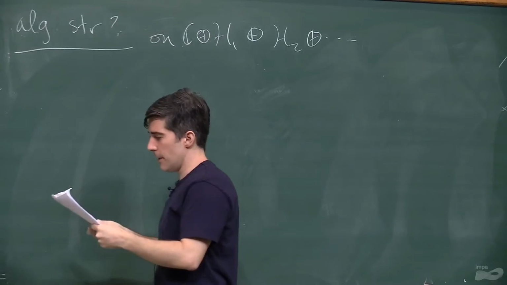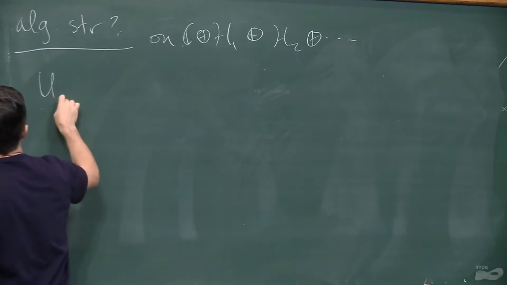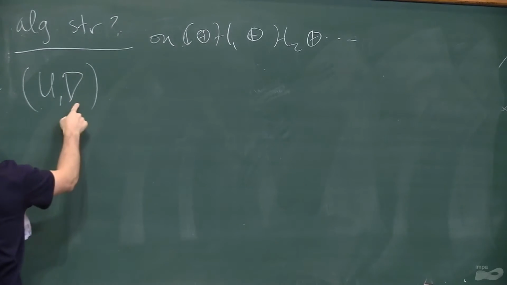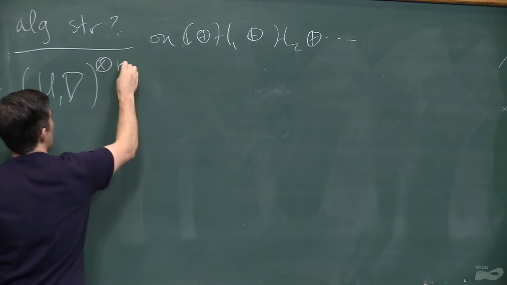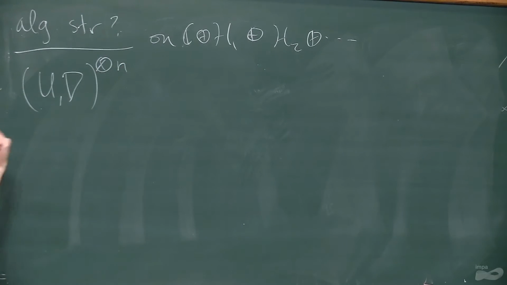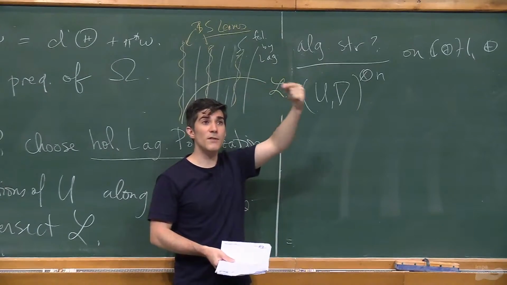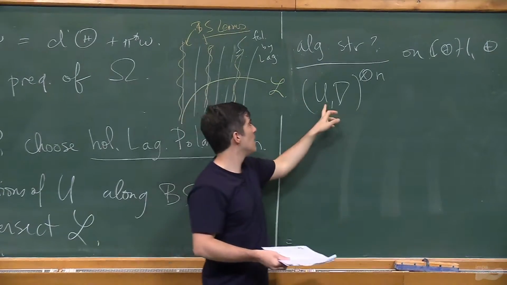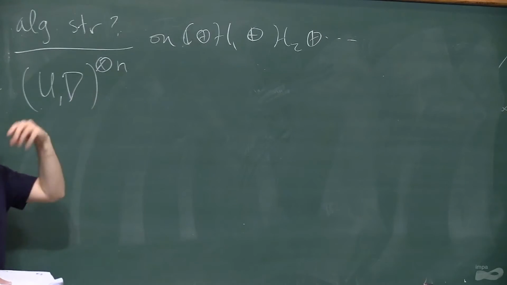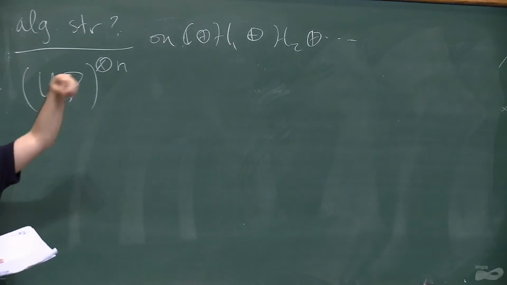Okay. So what is the algebra structure? Well, then it becomes kind of cool. If I take my pre-quantum line bundle and I tensor it n times, then if I go through this whole procedure, remember what I did was I took this curvature, which is omega. I used omega to deform, to do the twisted cotangent bundle by the magnetic term. So if I do it n times, then I have to twist the cotangent by n times omega.